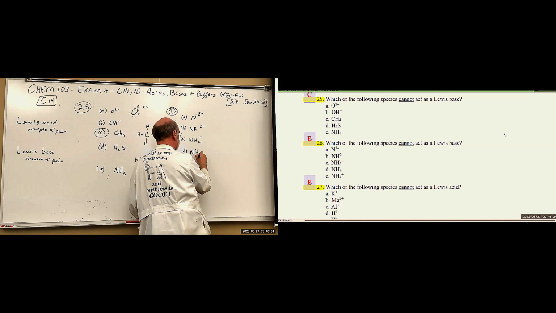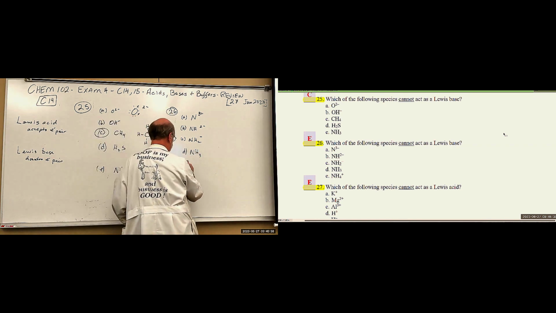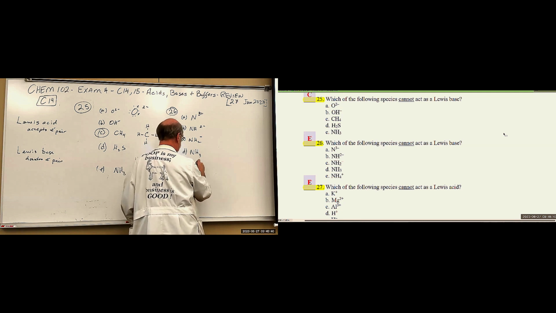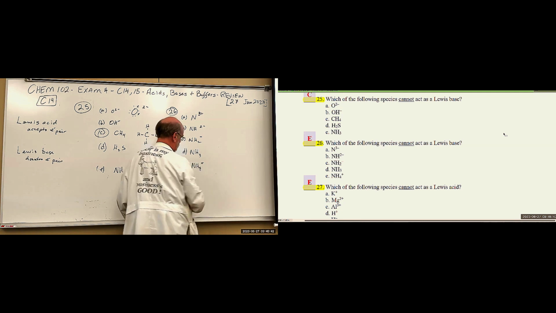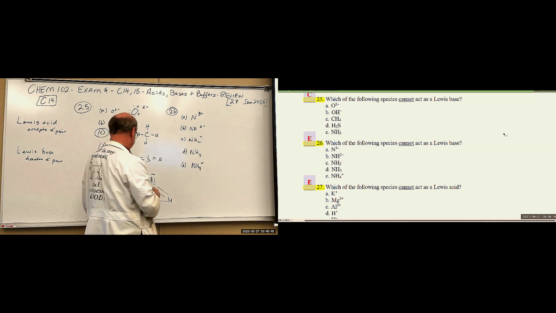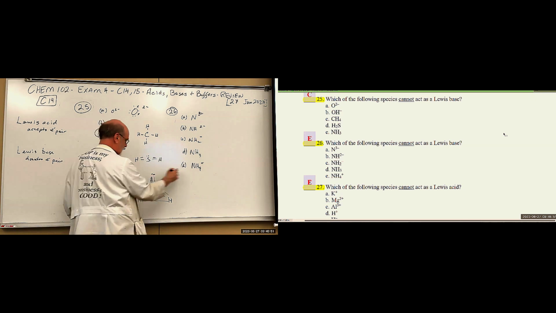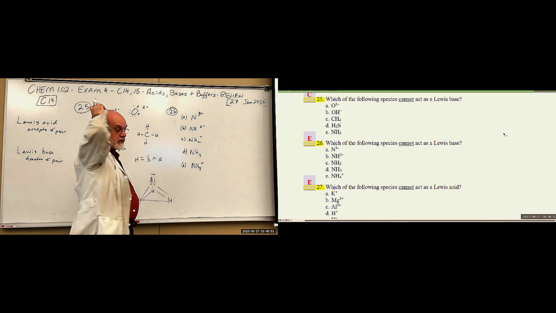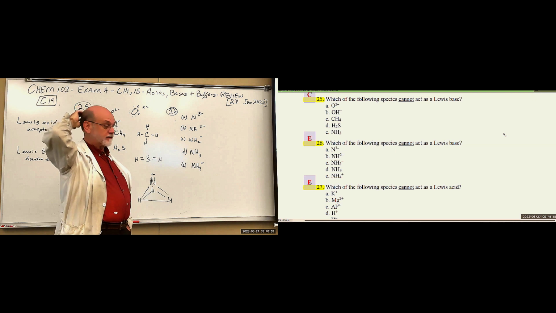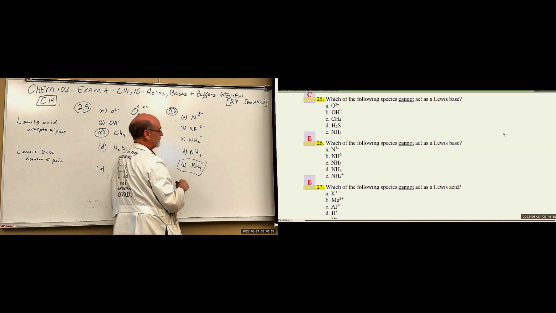This one's a valid base, we just showed that one. And then this one is ammonium. It has no free electrons. You just replace the lone pair up here with a hydrogen and a positive charge, and you have no available electrons to donate. So this one would not be a good choice as a Lewis base.